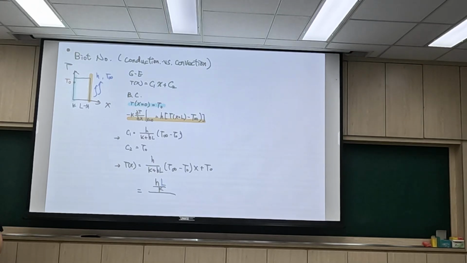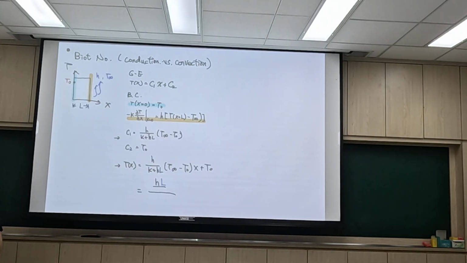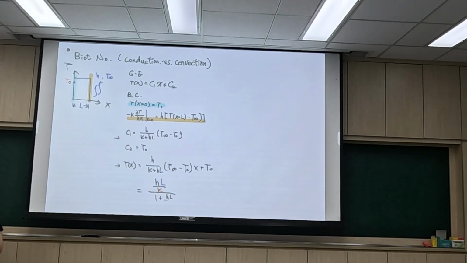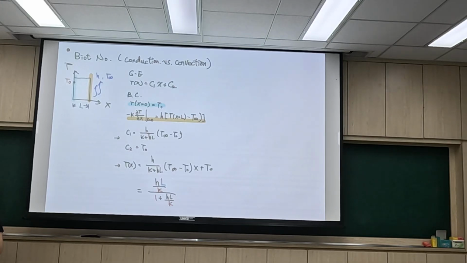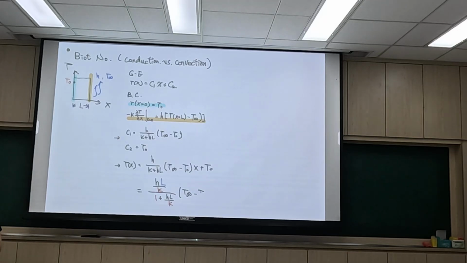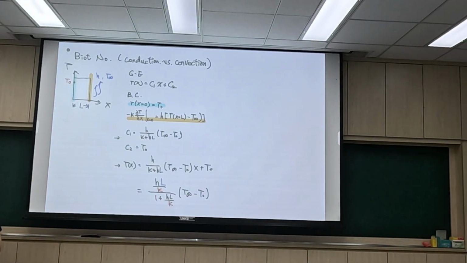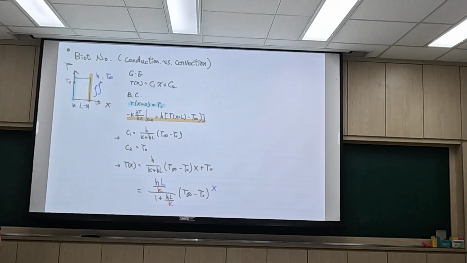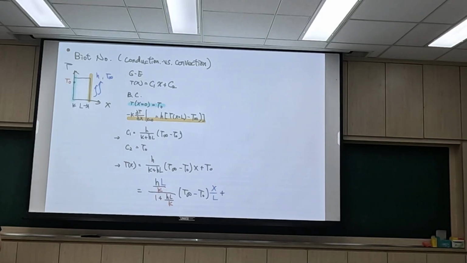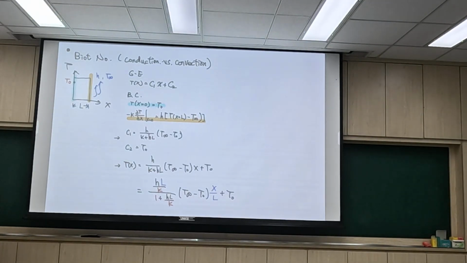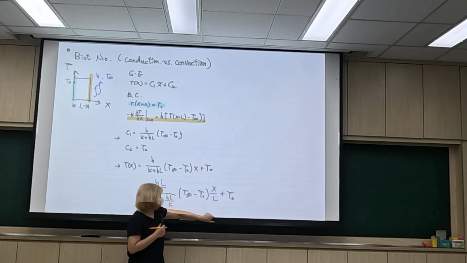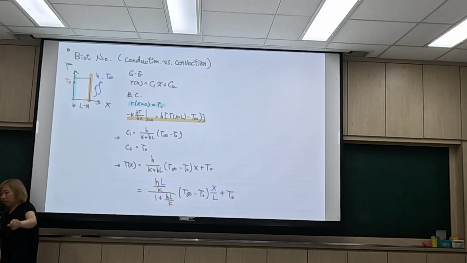The latter term will remain the same. In that form, the equation now has an x star. That's the dimensional analysis.